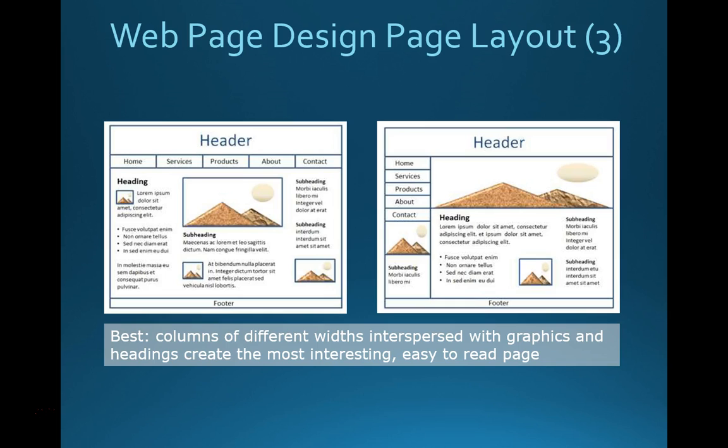Instead of our navigation going across the top like the one on the left, our navigation is now on the left-hand side. We still have the 4 areas, header, navigation, content, and footer at the bottom. The 4 areas are still the same. We simply decide to arrange them differently using CSS, of course. And this definitely is a little bit more interesting than the first 2.